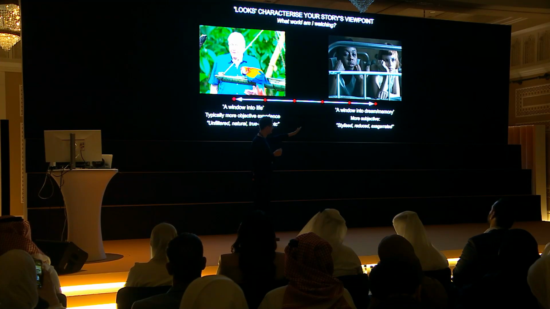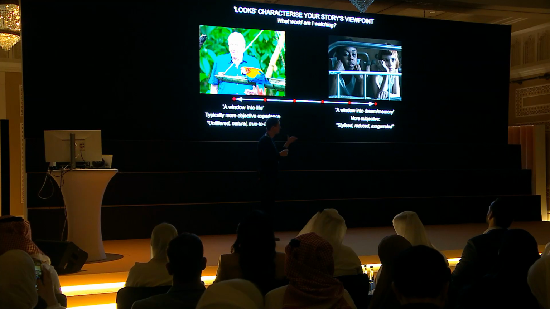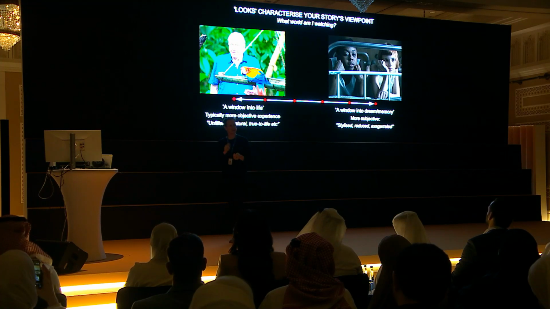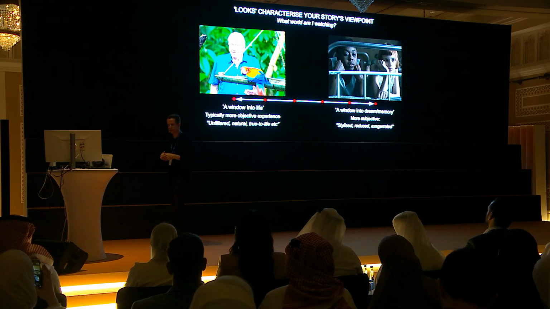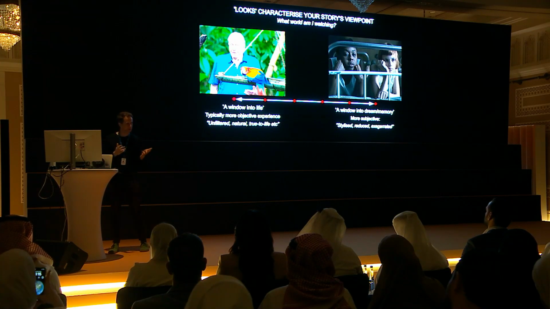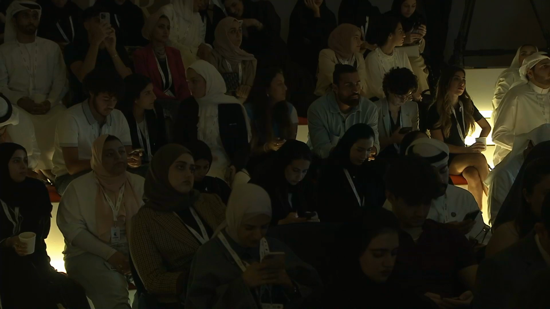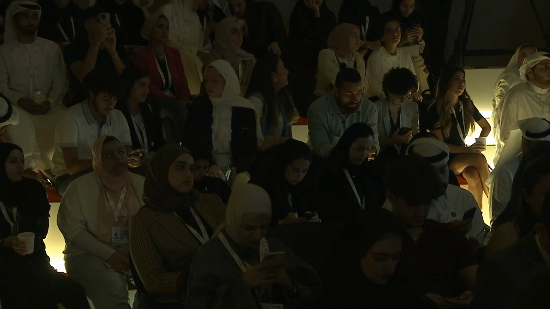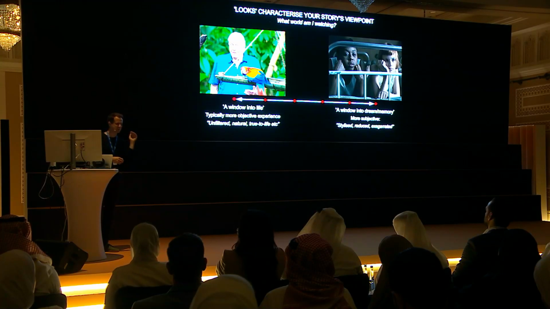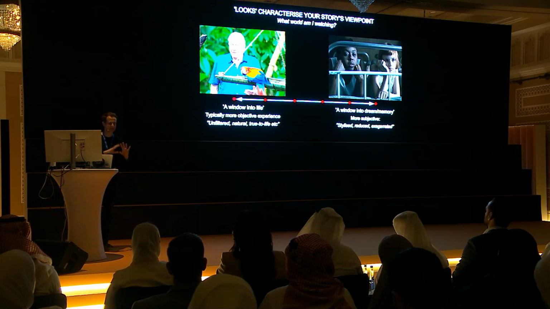On the other end, you have this more stylized world. And this is a bit when you've put a filter on the picture, or you've made the picture black and white, or you've taken the color out of the picture, and so on. And DOPs, of course, they love this. They put on the grain, they put on anamorphic lenses, they do everything like this to distort reality, to make it very personal to the characters.